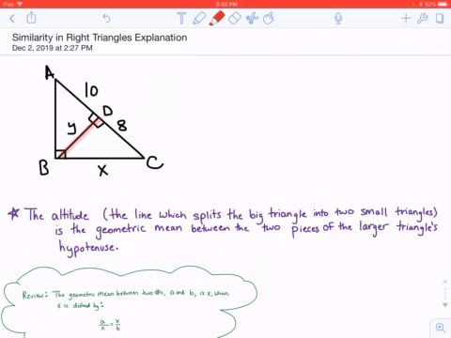So I'm saying that this altitude, this BD or y value, is the geometric mean between the two pieces it splits. It splits this AC hypotenuse for that large triangle into two pieces, 10 and 8.